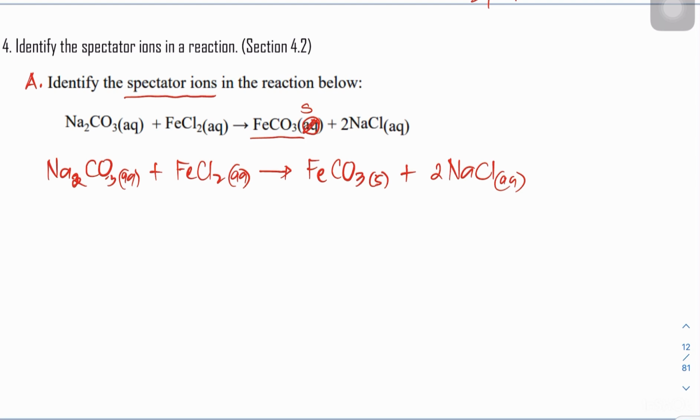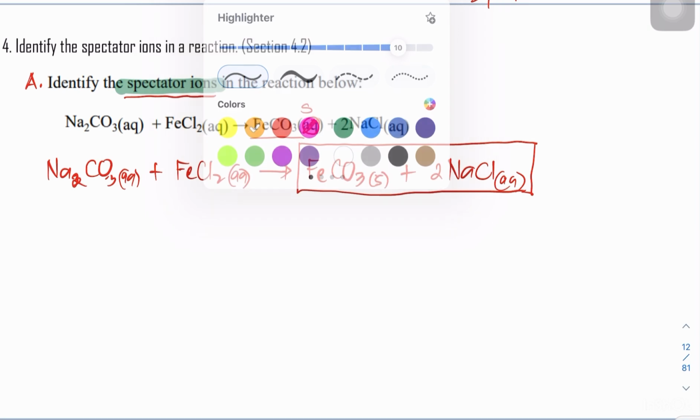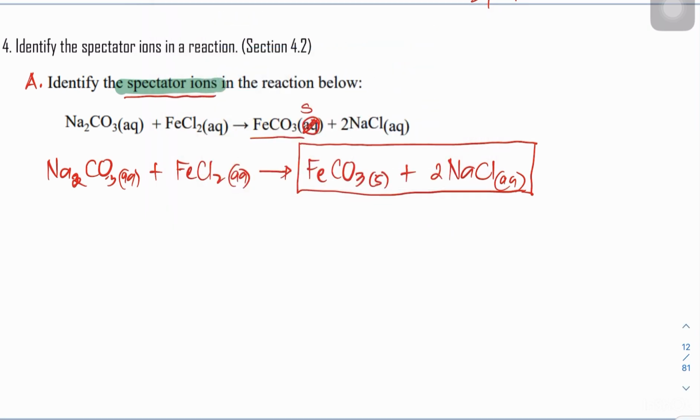You have to remember that spectator ions can be found in any one of the substances in the product. Now, how do we know which will be the source of our spectator ions? You have to take note that for the spectators to be identified properly, we look at the product side that is aqueous.